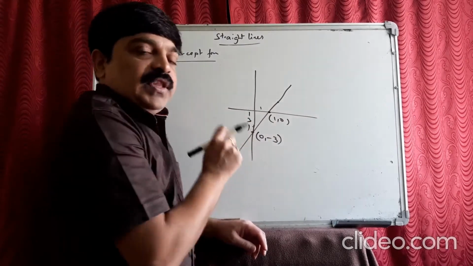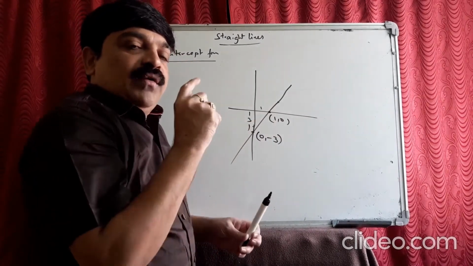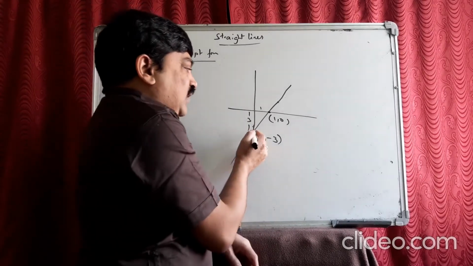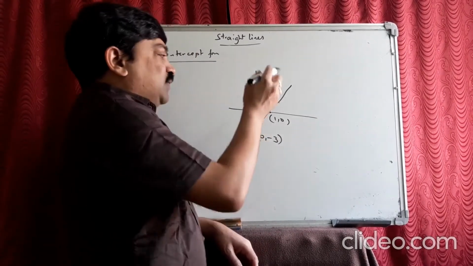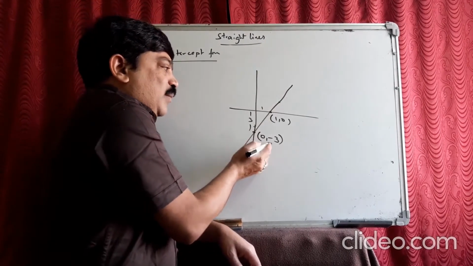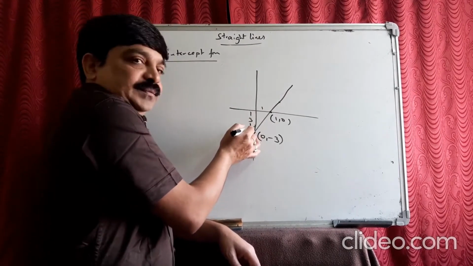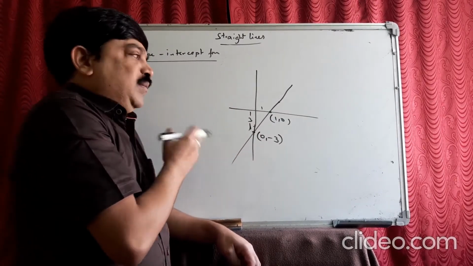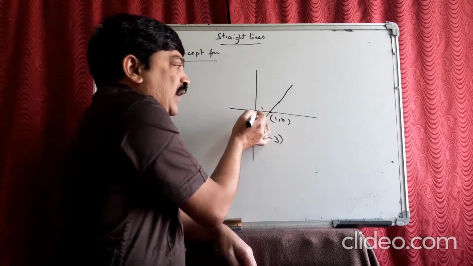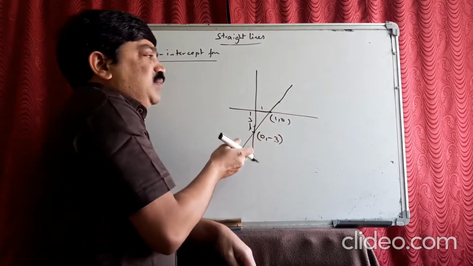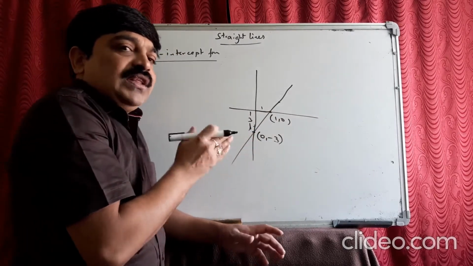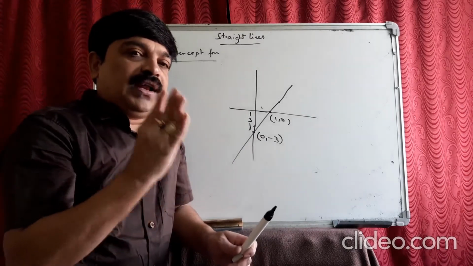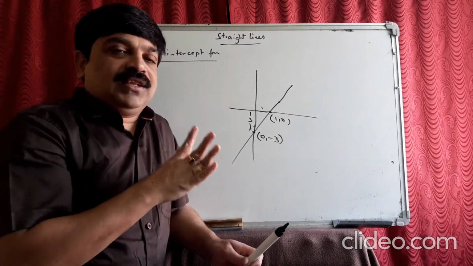It is the length, the part occupied by the line from the origin to the intersection of the line with the particular axis. If the line is meeting the y-axis at 0, -3, the y-intercept is 3. You can also take -3, a negative intercept. And the x-intercept is 1 because it is meeting the x-axis at 1, 0. So intercept means the part occupied by a line on the axis.